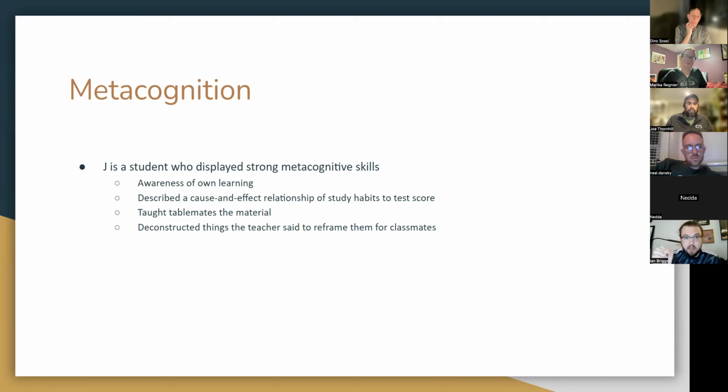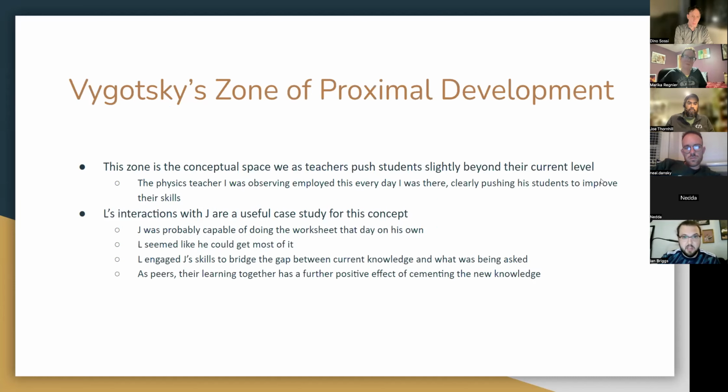He was able to deconstruct, rephrase and reframe the lesson for his table mates who weren't getting it the way the teacher was lecturing it. I thought that was pretty great. Definitely admirable, and it touches on metacognition, which constantly comes up in education.